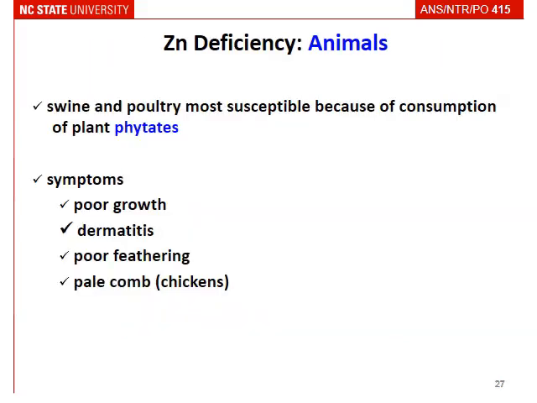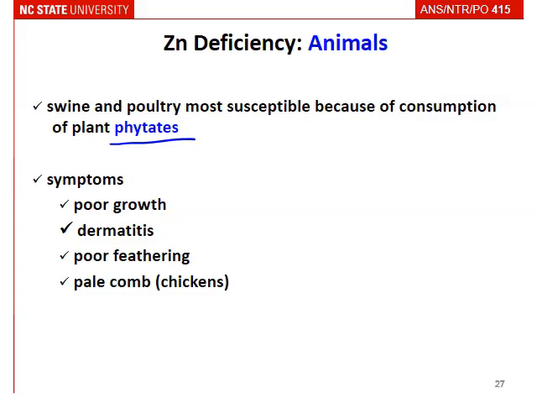Now, similar to humans, our animals are also susceptible to zinc deficiency because of the amount of phytates within the diet. It also depends on the source of zinc. So this is where a lot of poultry and swine producers may opt to utilize those organic minerals, where it's zinc conjugated to amino acids, which has greater bioavailability because those amino acids are protecting the zinc from being bound by the phytic acid or the phytates.